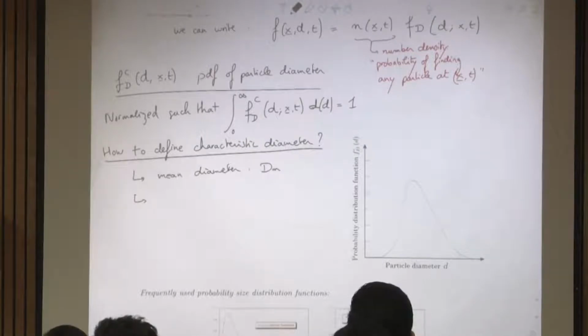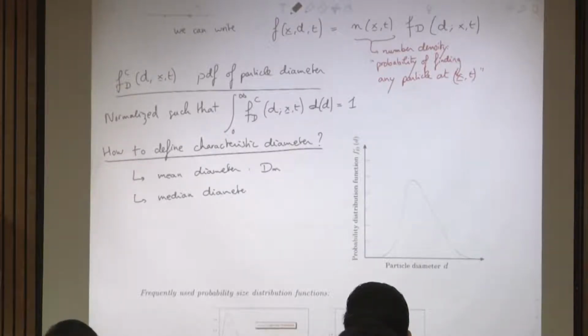You can ask yourself what is the median diameter. Those are all pretty naive statements. The median here would be the value up to which you would have to integrate your distribution in order to get one half.